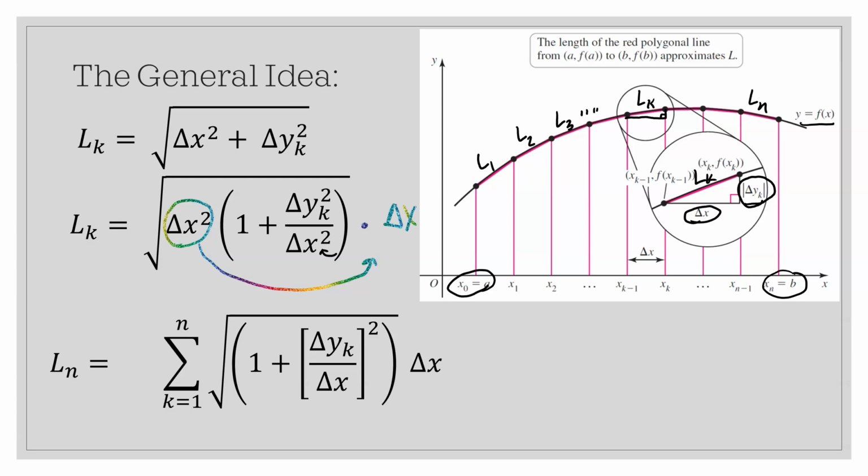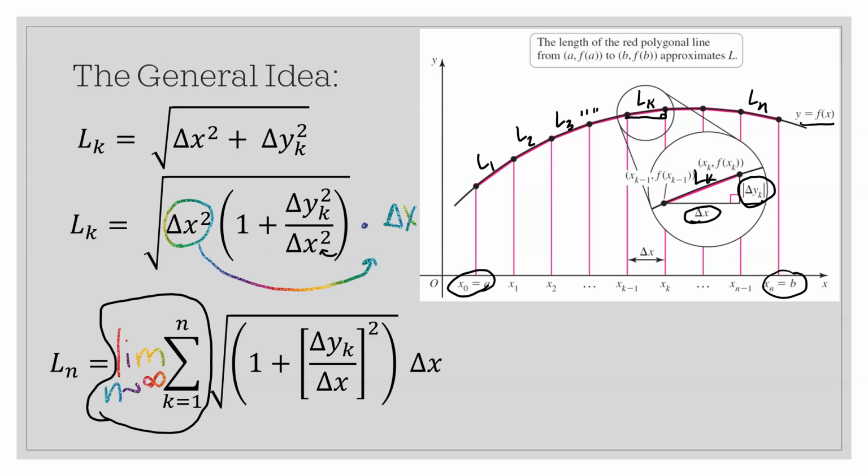But what will give us a better approximation is if we had infinitely many subintervals. We have seen this so many times already: the limit as n goes to infinity of the sum from 1 to n of something is the definition of an integral.